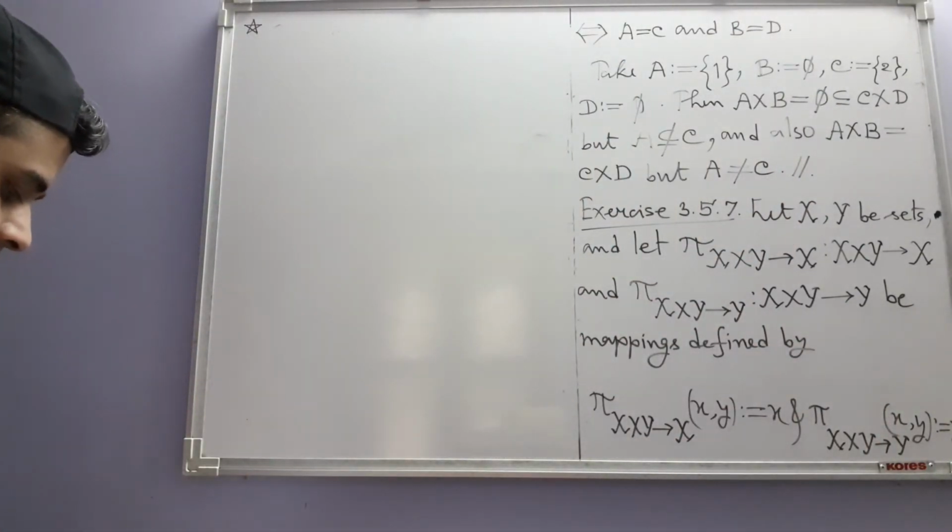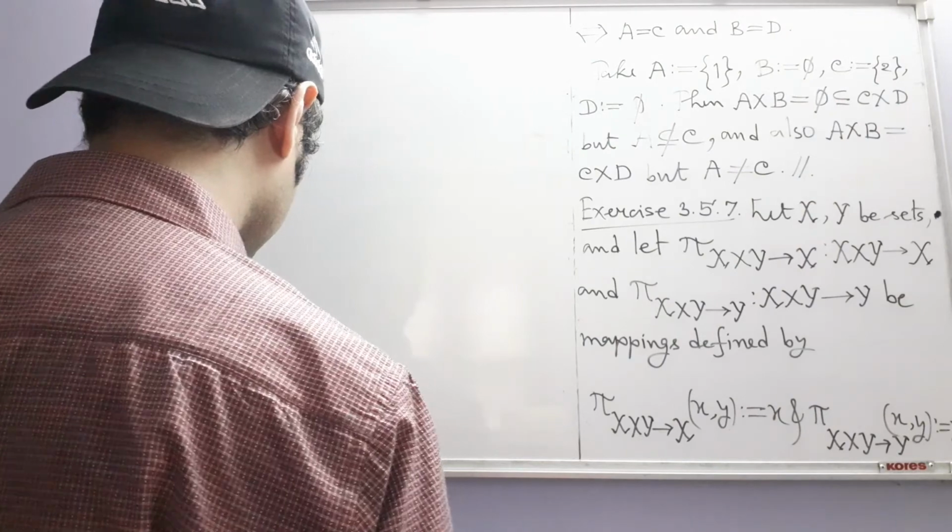So these are two maps we have defined for two sets. Now we have to show something about them.